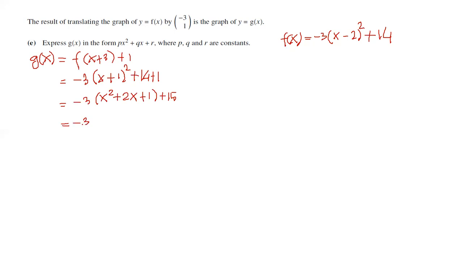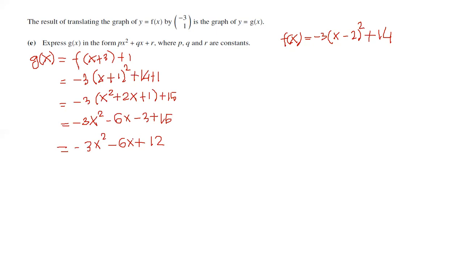And it becomes -3x squared, minus 6x, because -3 times 2 is -6x, -3 plus 15, which is 12.